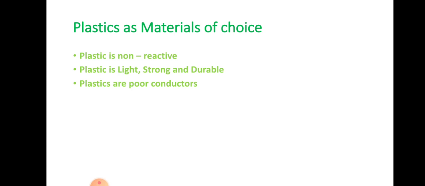And the next one, plastics are poor conductors. Already I have said that plastics are poor conductors, that is, they won't conduct heat and electricity. So electrical wires are made up of plastic covering, and the handles of screwdrivers are made up of plastic, so we can use them at any electrical instrument.